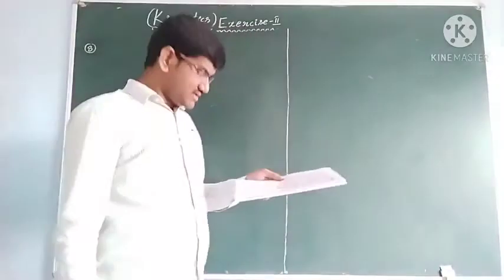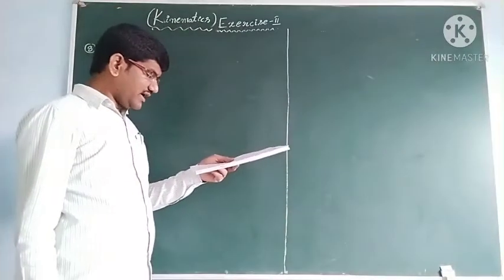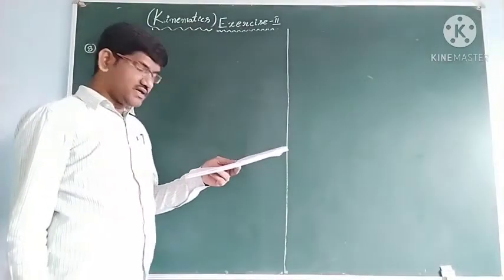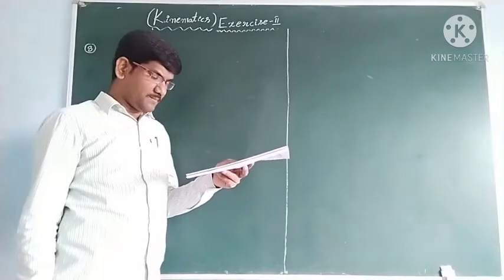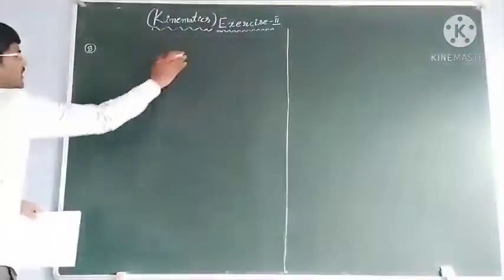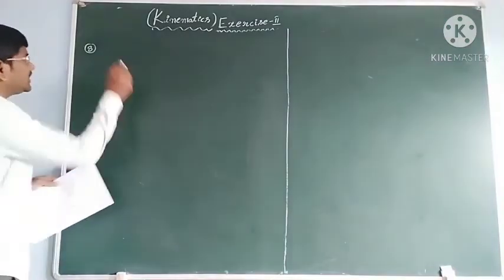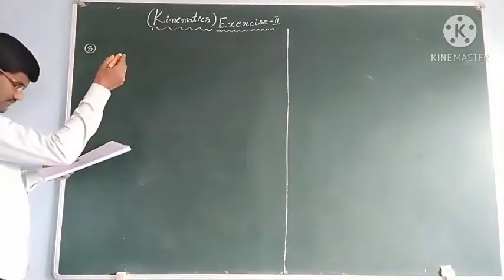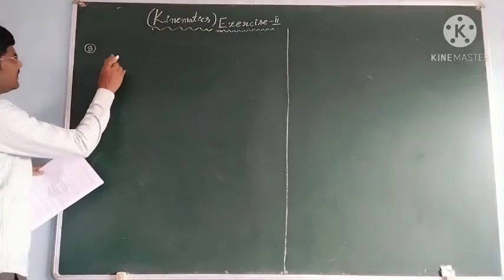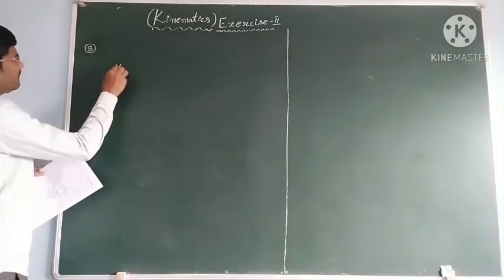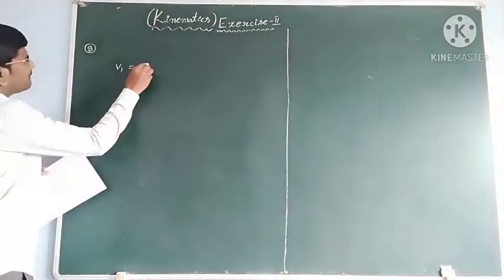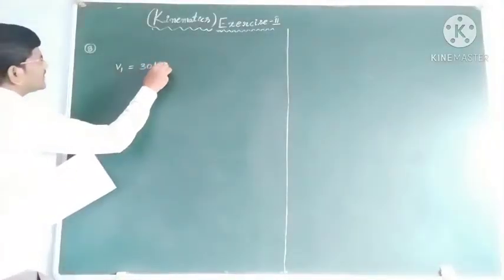Okay students, see next problem. A boy travels with a speed of 30 kmph for the first one-third of the journey time. So V1 is given, 30 kmph.